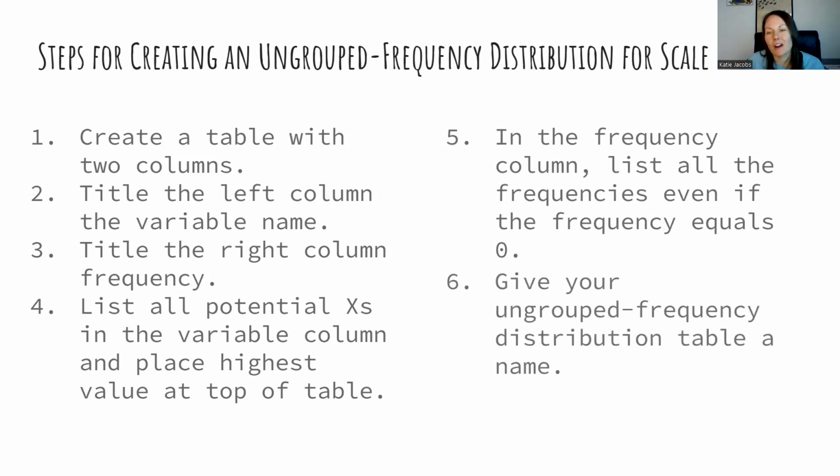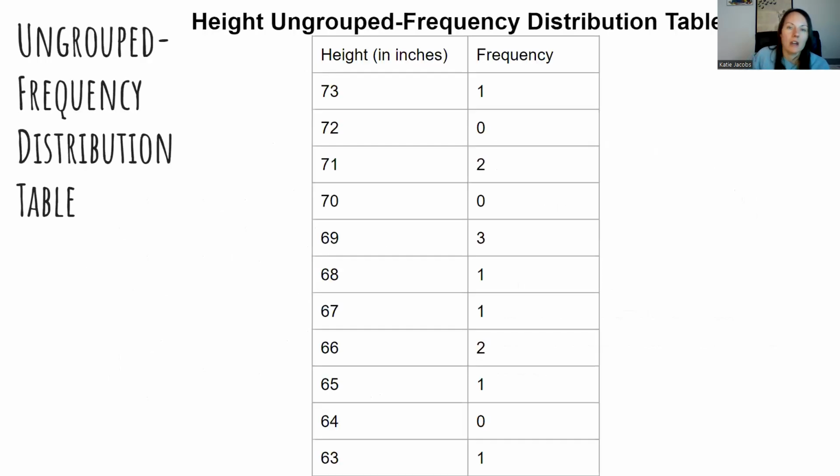And then we're going to give our ungrouped frequency distribution table a name. All right, so if we look here, I created an example of an ungrouped frequency distribution table so that you all can see what I am talking about with these little tables. So we see we have our left column named height, which is our variable in inches.